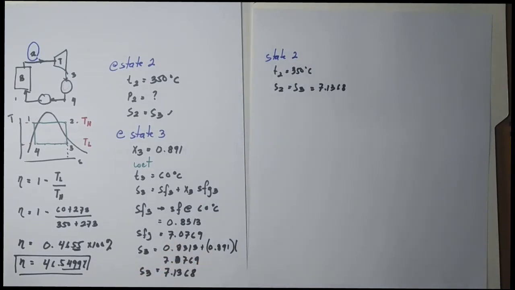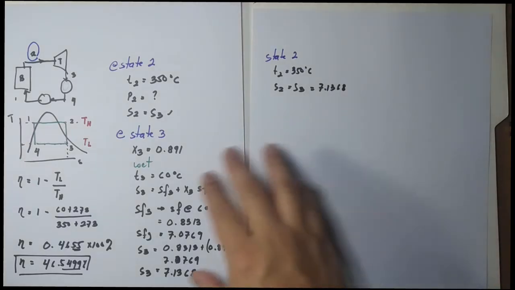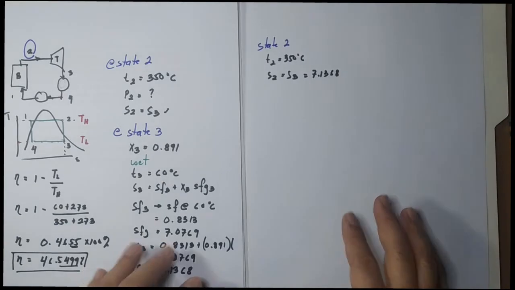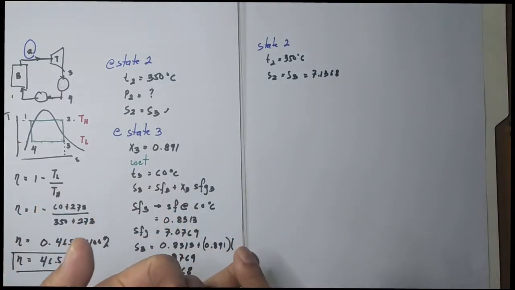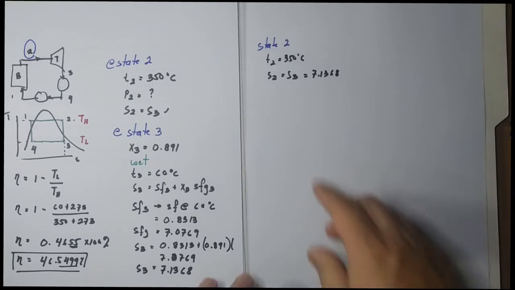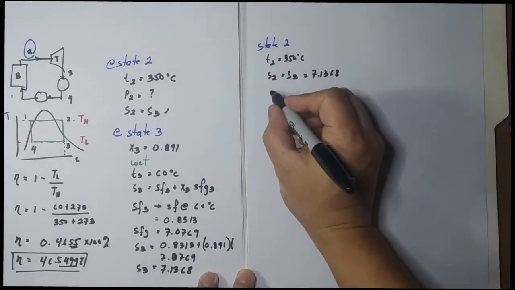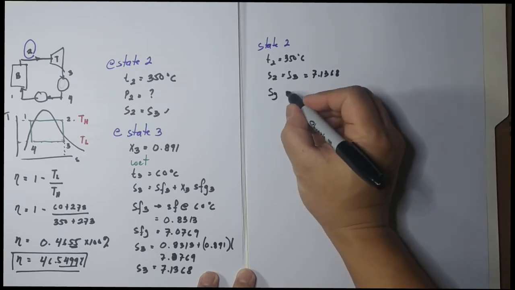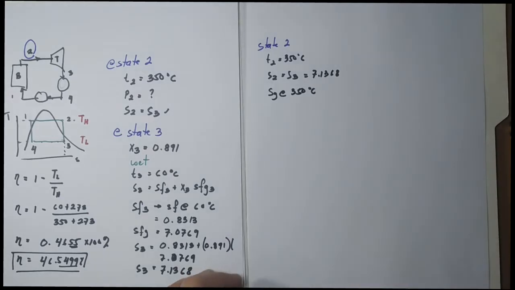Now, para malaman mo yung P2, dapat alam mo muna kung ano yung phase ng state 2. Anong phase? Ito yung kung liquid nga ba siya, kung vapor, saturated liquid, saturated vapor, or wet mixture. Paano natin malalaman yon? Hanapin mo yung SG at 350 degrees Celsius.